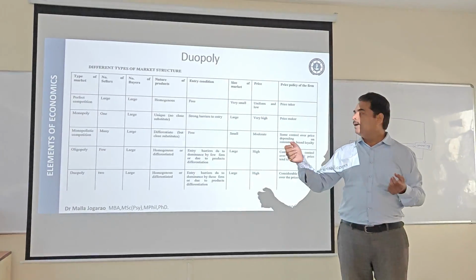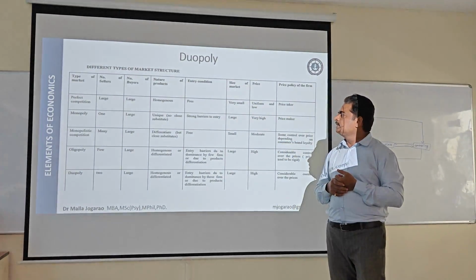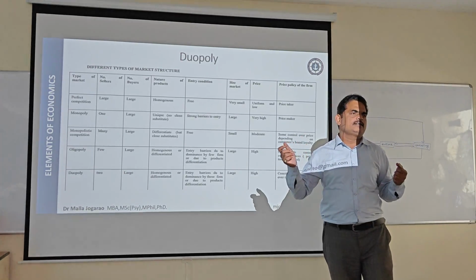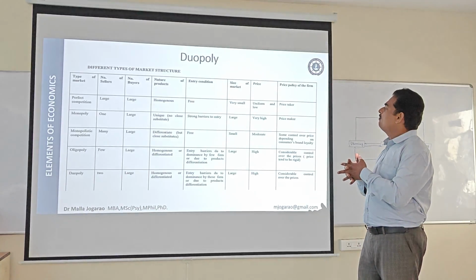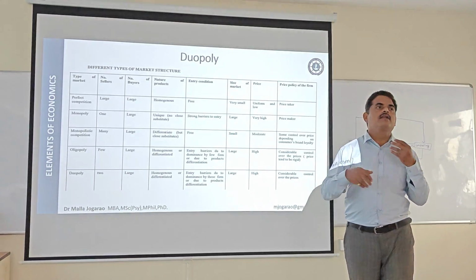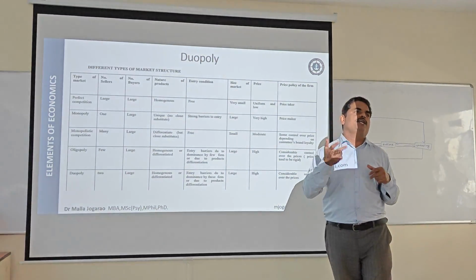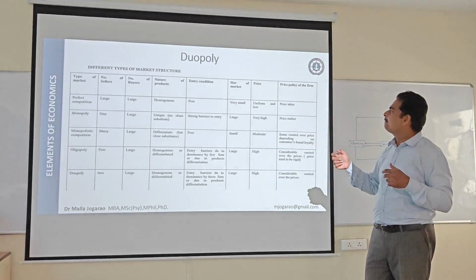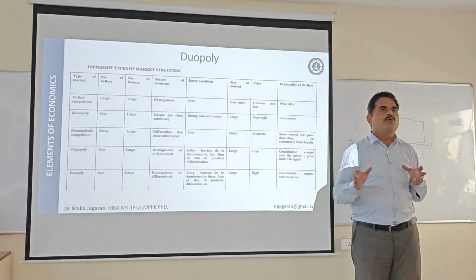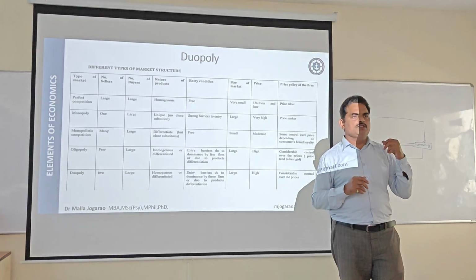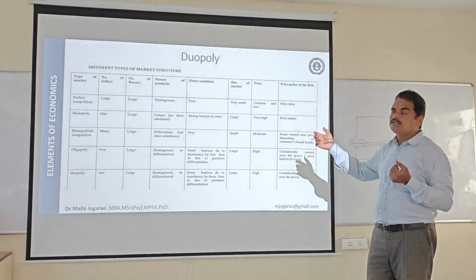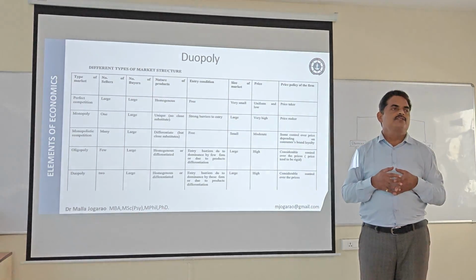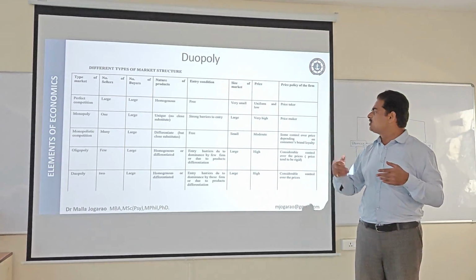The next kind of market is a monopolistic market. In this monopolistic market, many sellers are there, as well as the buyers are also very large in number, and they are selling differentiated, heterogeneous products. Any entrepreneur who wants to start this kind of organization as a monopolistic competition can freely enter into this kind of market structure to establish.